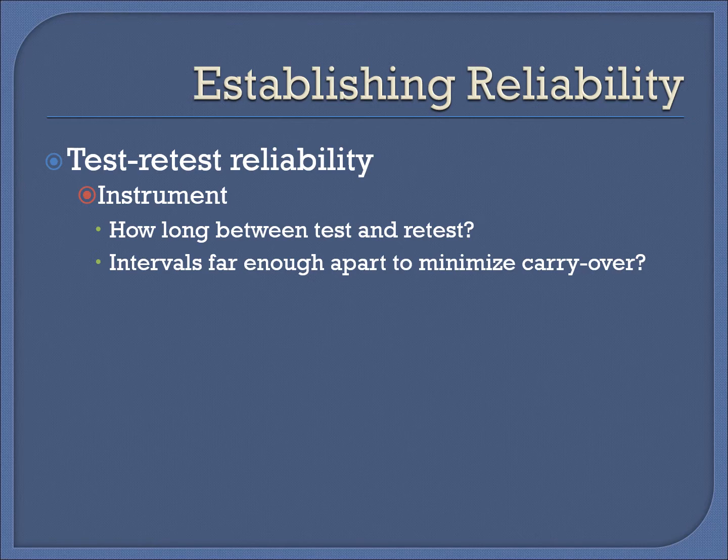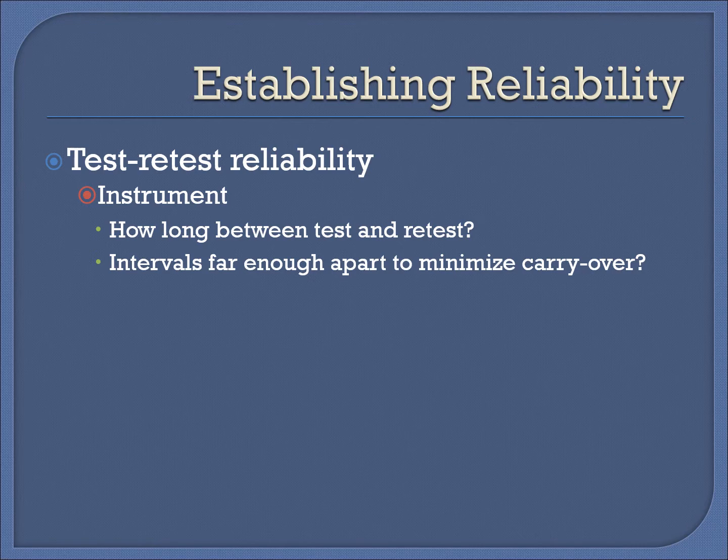Many times that could be a week or 2 weeks. In some populations, it could be a few weeks or even several months to determine whether or not the patient's improved. So when we evaluate the test-retest reliability or stability of a measure, we want to take that into account. Also, are the intervals far enough apart to minimize carryover?